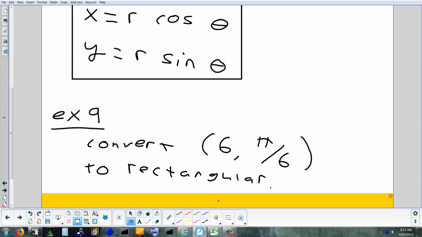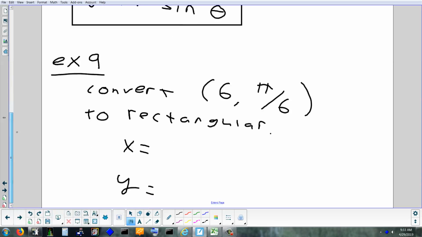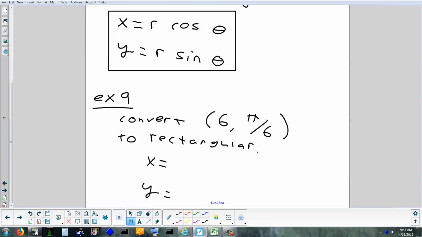All right. So next thing I'm going to do now is just write down the two formulas. X equals, Y equals. So I want to use the formulas that I have right up above, just fill in what I have for R and what I have for theta. Right, so Jasmine, what is going to be my formula for X? R cosine theta. Yep.